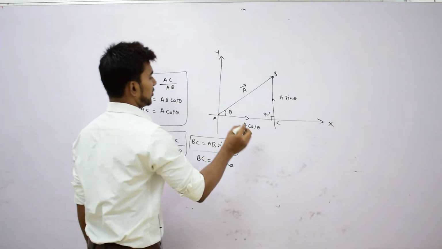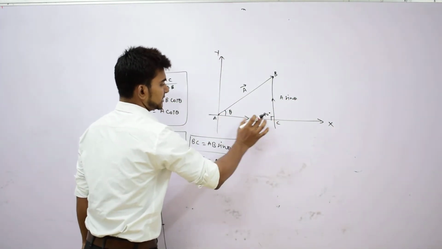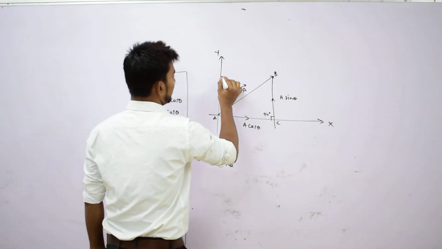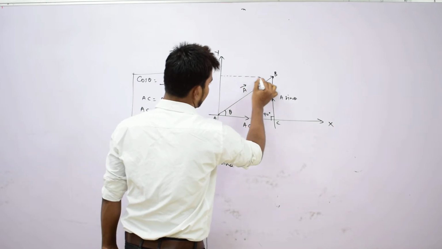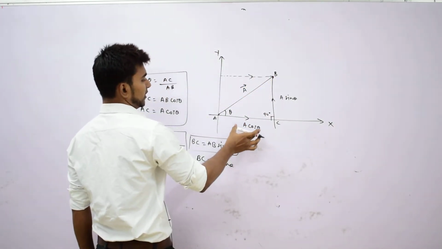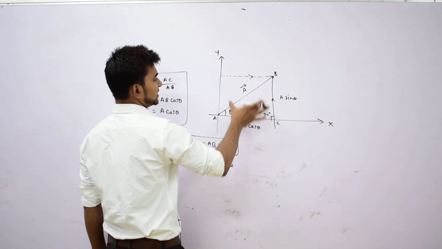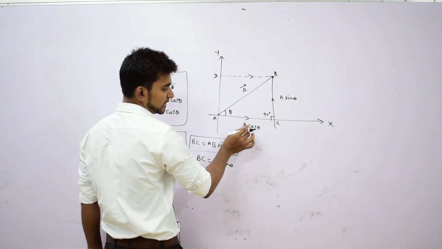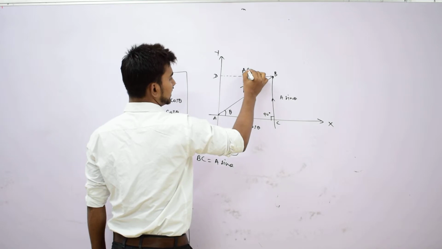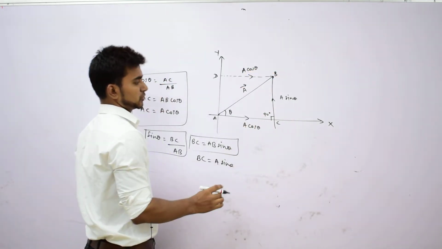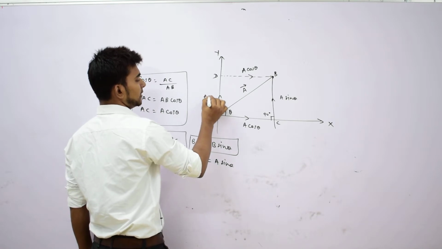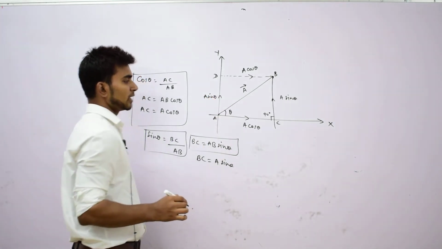Now one thing which is important: this is AC, and we can take a parallel vector to this AC. If this AC line is parallel to this line DB, then if A cos theta is applicable here, A cos theta will be applicable here also. And if BC is parallel to AD, then here A sin theta will be there.